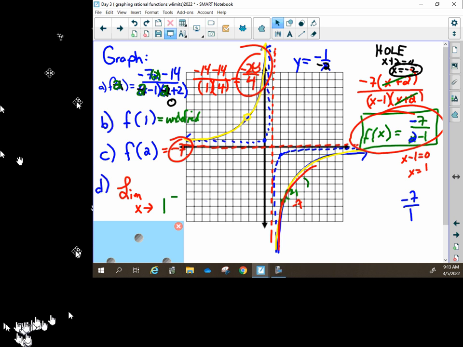Find the limits. As x approaches 1 from the left. So we're approaching right over here from the left. I don't know how to make an Oscar Mayer wiener dog little deal right there. There we go.